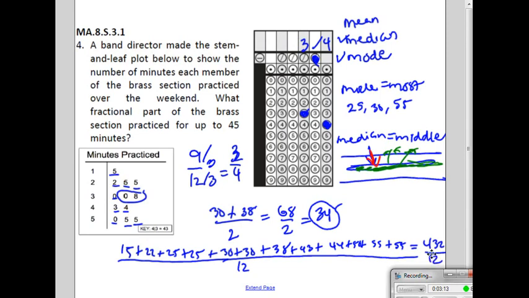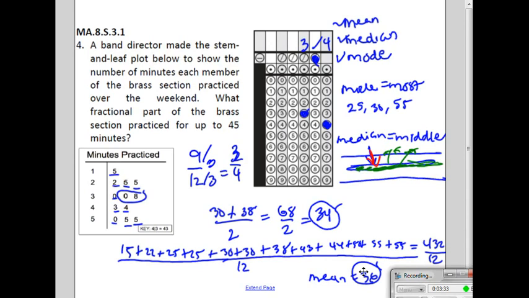We divide 432 by 12, and we find that our average is 36. So we have now found the mean, median, and mode.